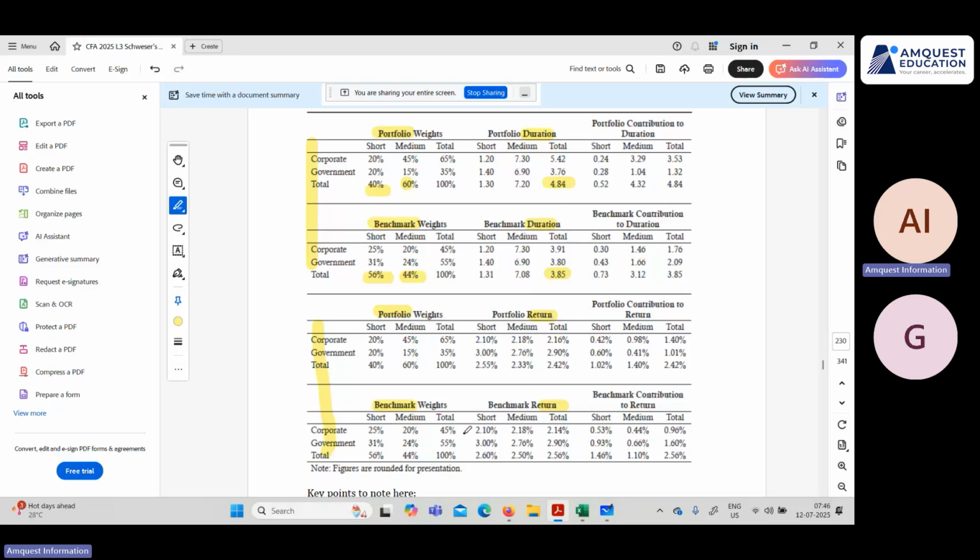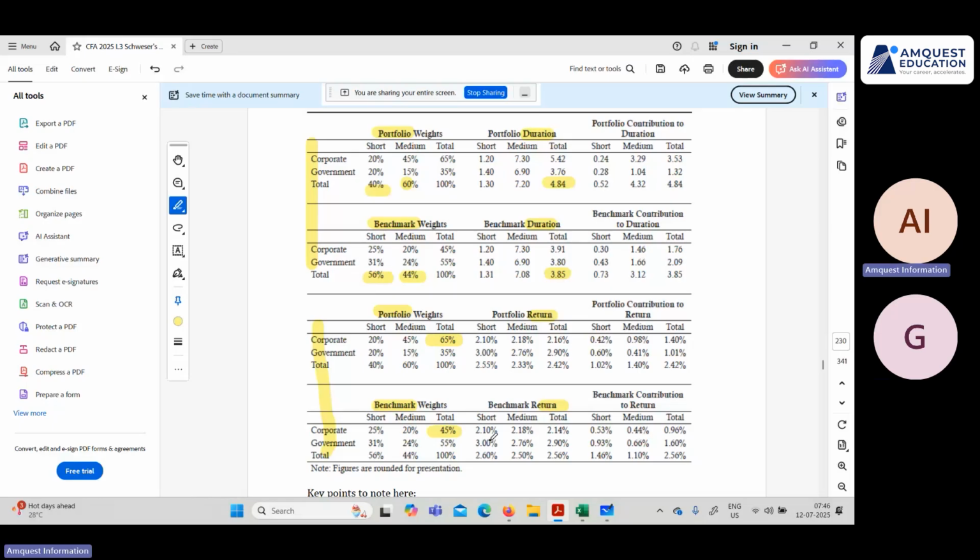ऑलराइट. और क्या देख सकते हैं? What else can we see? ऑलराइट, यहाँ पे देखते हैं. Can you also see that corporates have 65% while the benchmark has 45%? इसका मतलब कहीं ना कहीं in terms of corporates he was overweight.